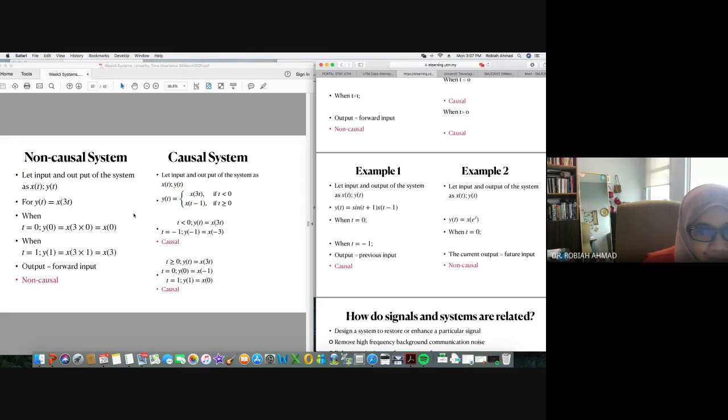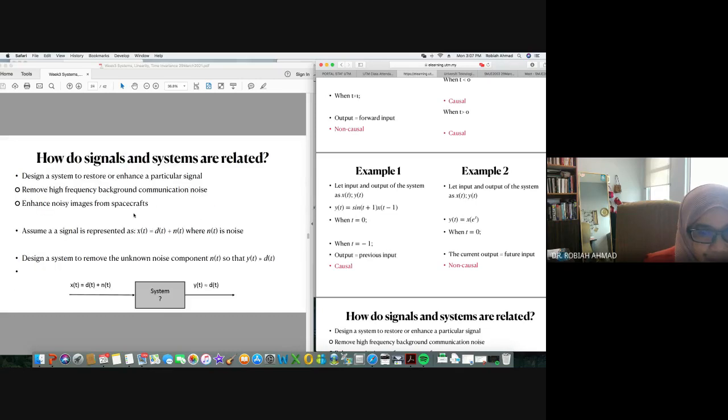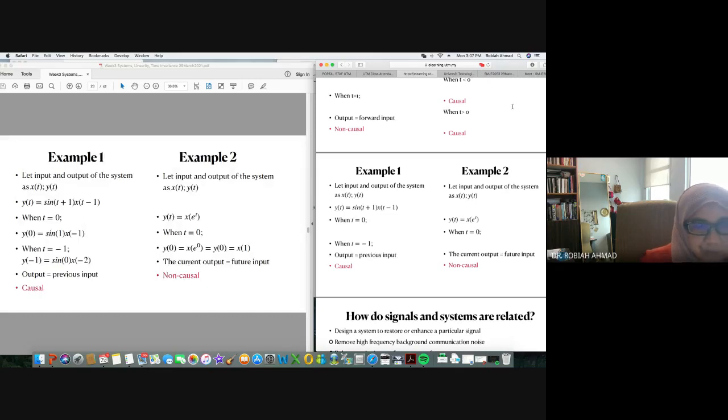And example 2 is non-causal. Okay, so just check when t equal to 0 and t equal to minus 1.